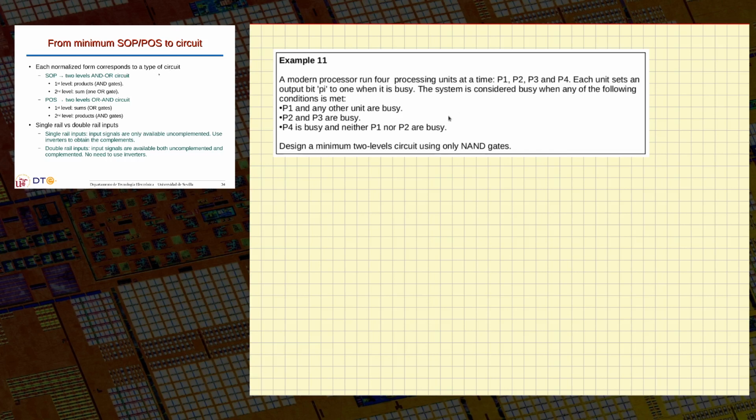But the difference now is that we are asked to do the design using only NAND gates. The reason is that in most technologies, complementing gates are easier and cheaper to design, and need fewer transistors than non-complementing gates.